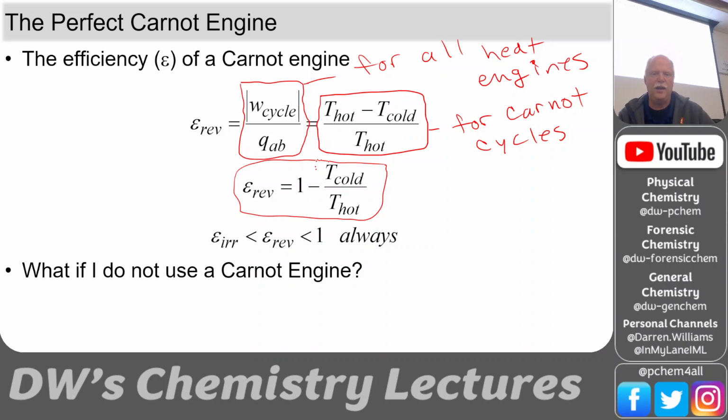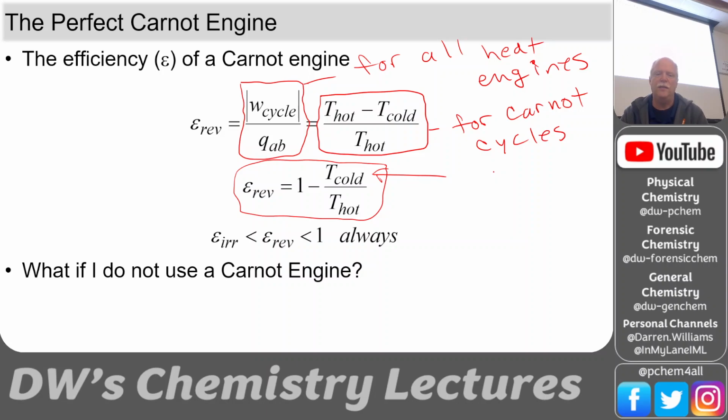And notice that you can't get to an efficiency of 1 without T cold being 0 Kelvin. So this is spreading these temperatures apart and making cold really cold and making hot really hot, splitting those temperatures, that's how much you subtract from 1. If you get hot really hot, you're subtracting a tiny amount from 1.